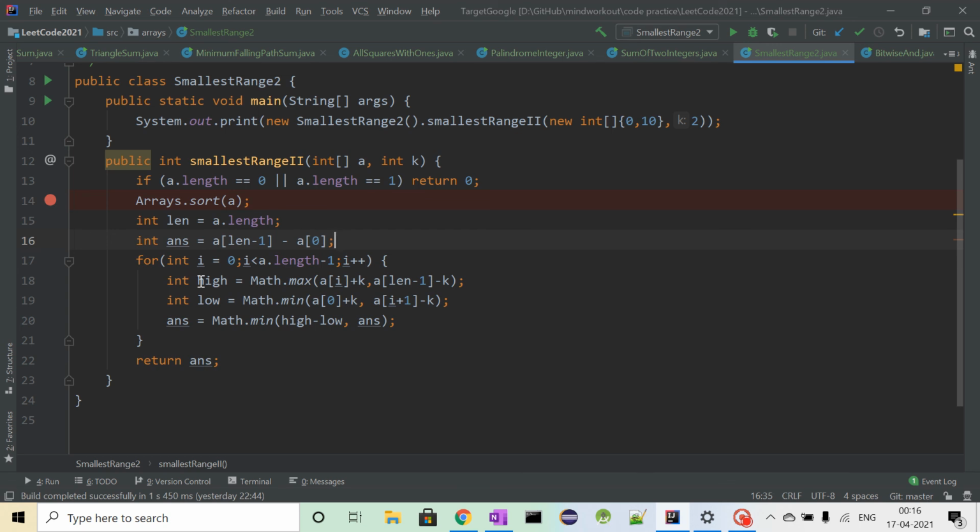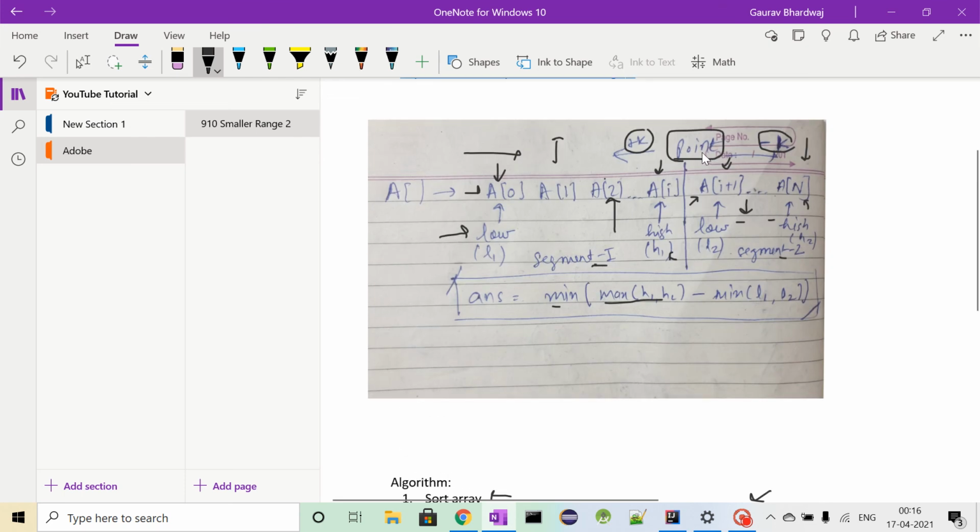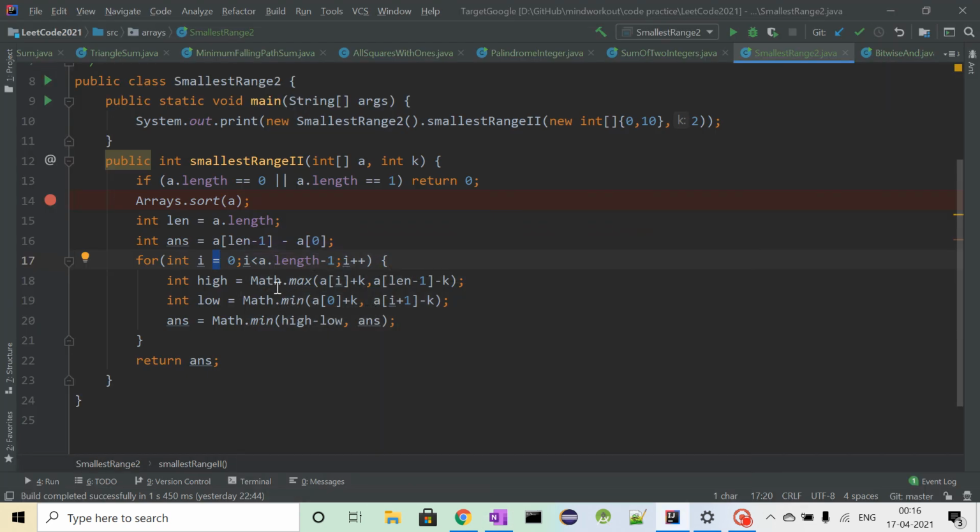Now for each element, like i equals 0, we will consider it as a point. The point that I have mentioned here, this is the point. Now the left part of this point will be segment 1 and the right part will be segment 2. Segment 1 is having lesser values, segment 2 comparatively will be having higher values.